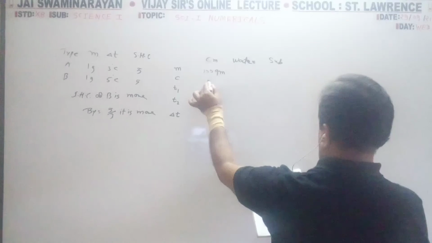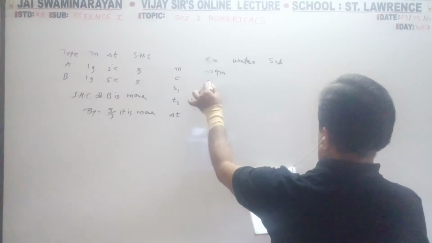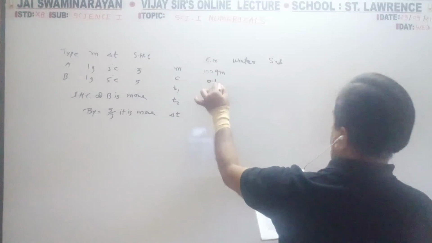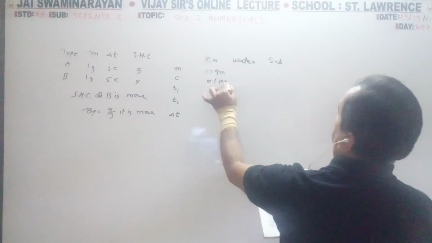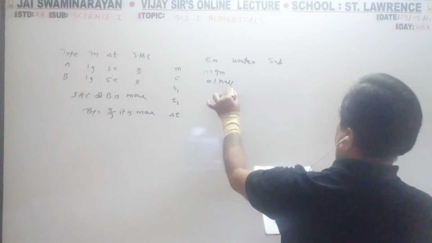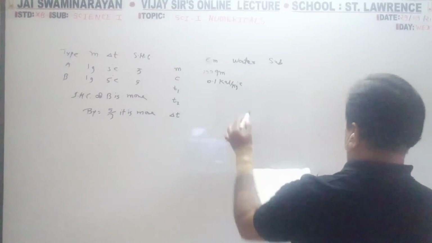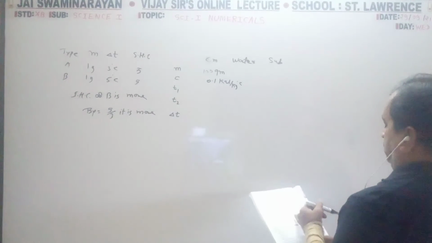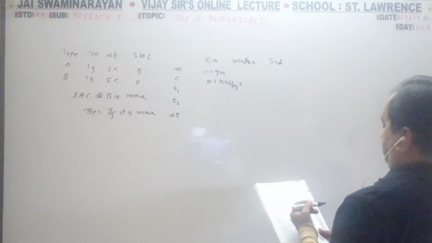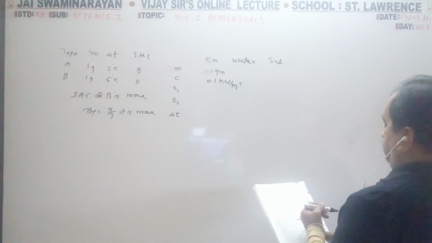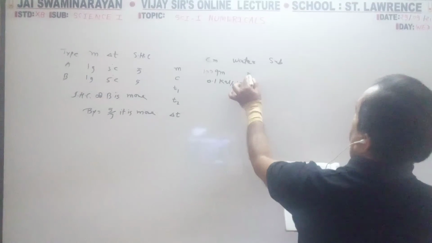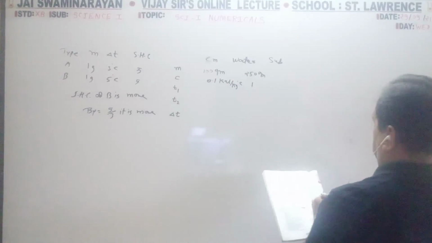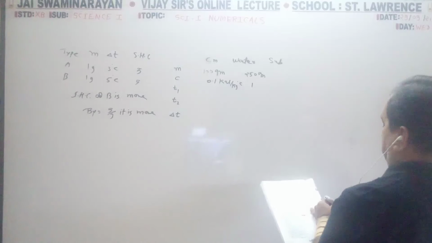Specific heat capacity 0.1 kilocalorie per kilogram degree centigrade, containing 250 gram liquid, and this is water.